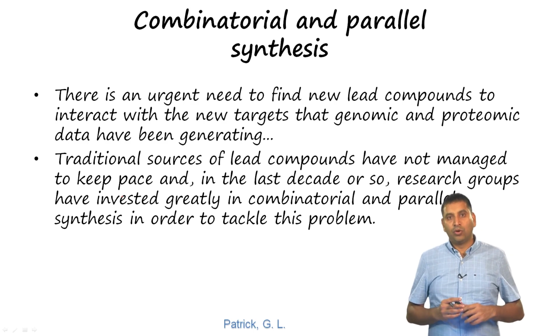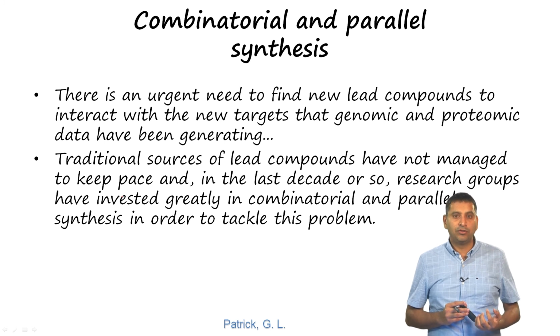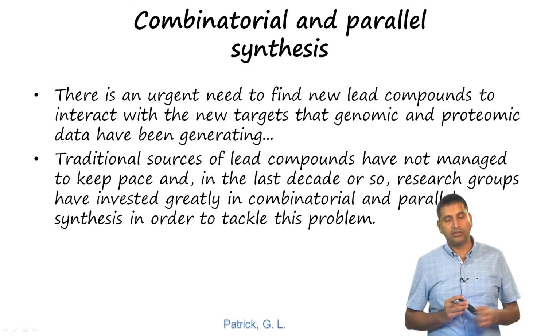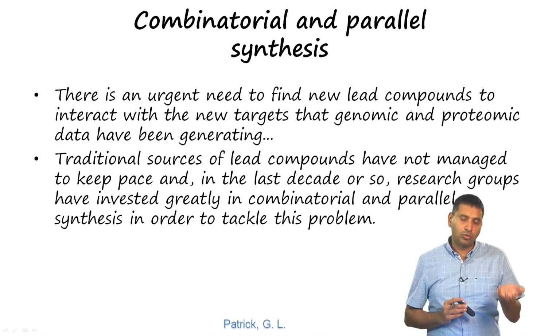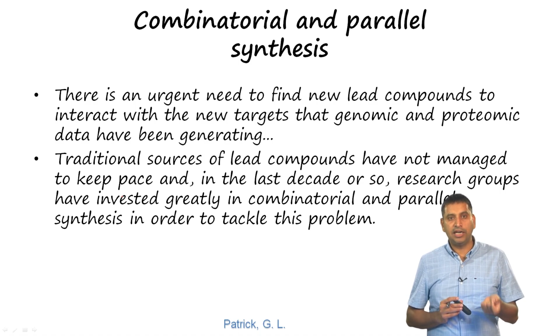We can also use what is known as combinatorial synthesis or parallel synthesis. We shall very briefly discuss this now and go into detail in the next few weeks about these two concepts. One of the reasons why combinatorial and parallel synthesis are very useful is because in the past 2 or 3 decades, there have been a number of genomic and proteomic data based new target identifications.